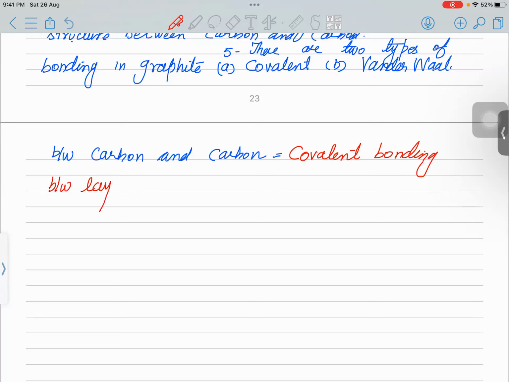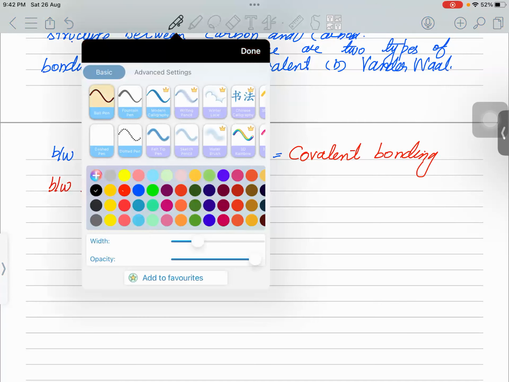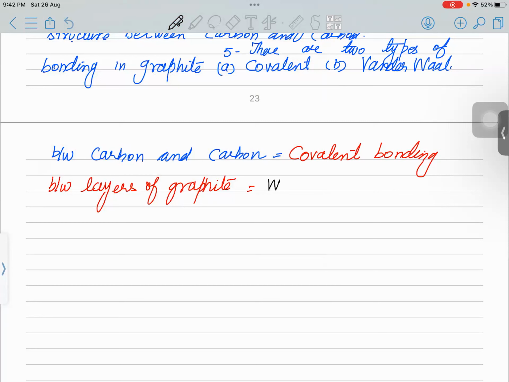Between layers of graphite, weak van der Waal. Are you getting my point or not? Yes, sir.